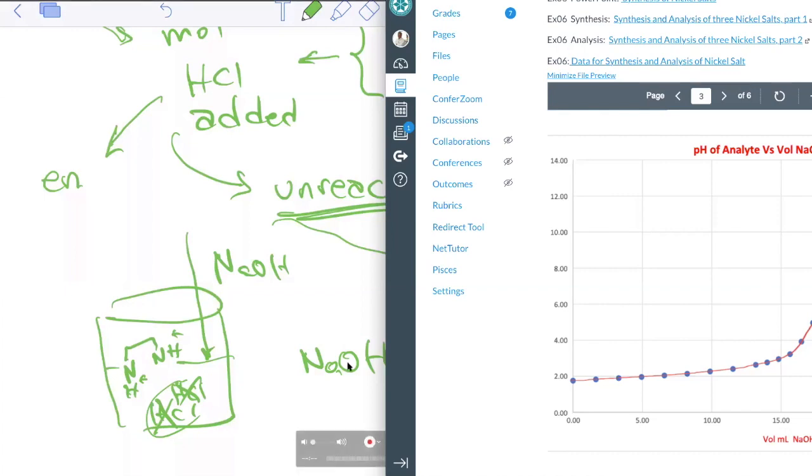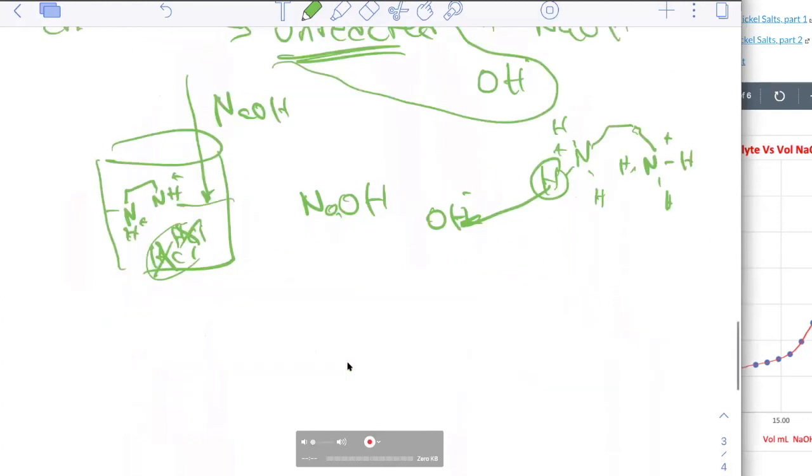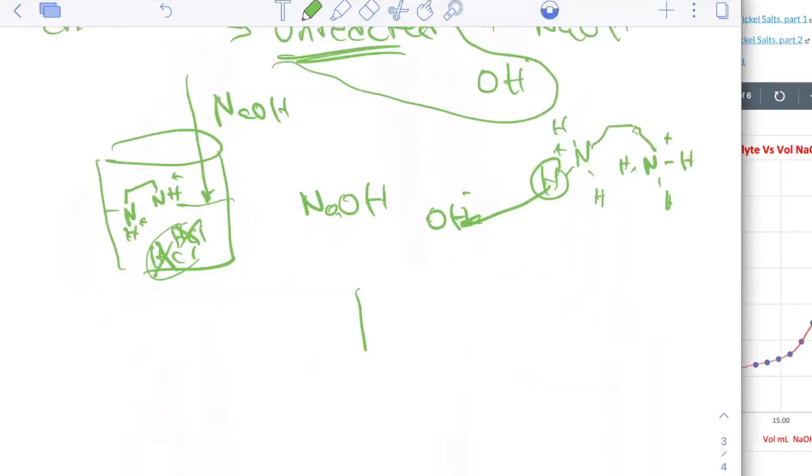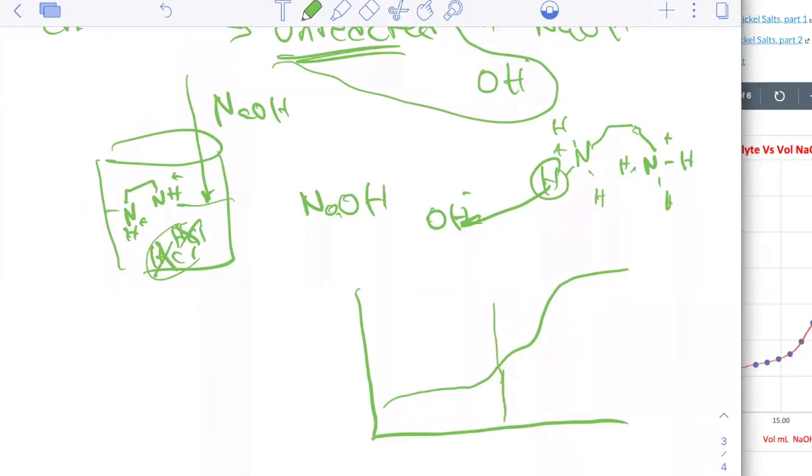Let me go back to my iPad. So let me remind you again what's going on. You have a titration curve that looks like this. So this inflection point right here is where the hydrogen is neutralized by the sodium hydroxide, the excess.